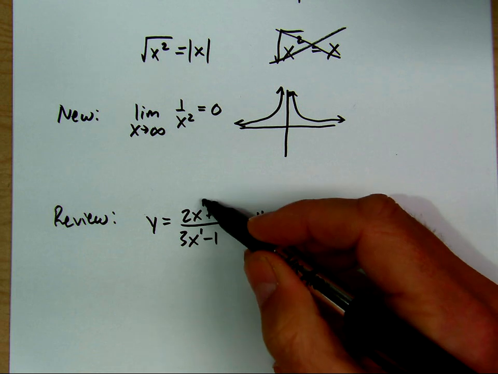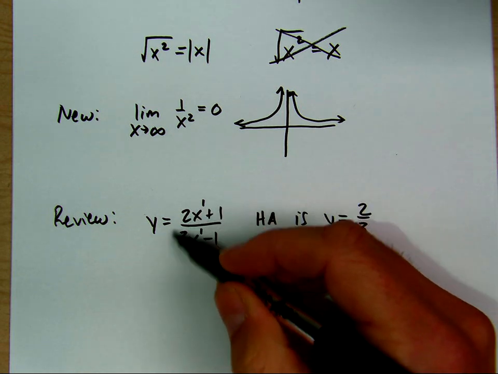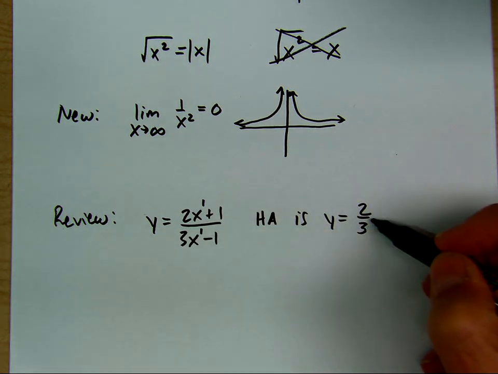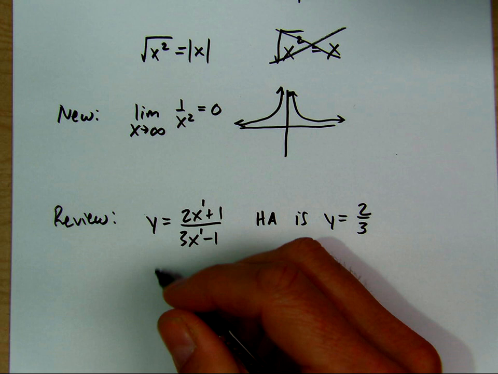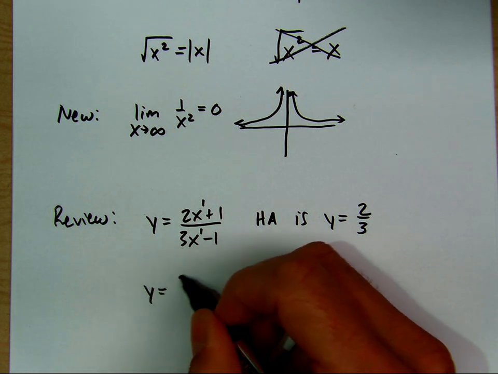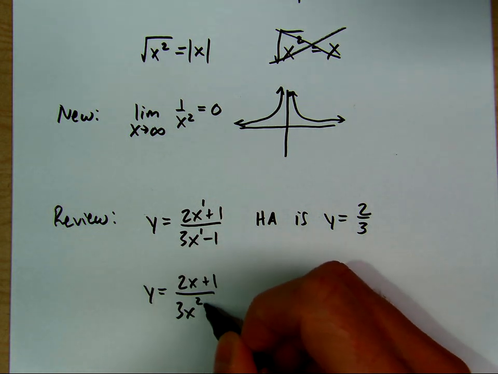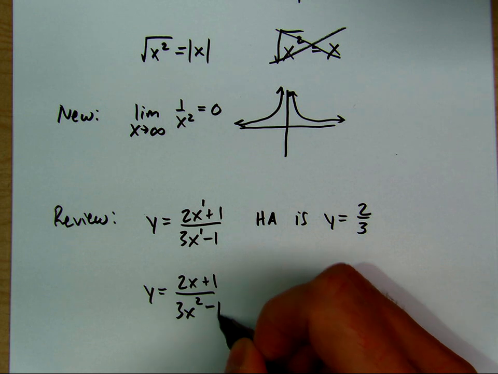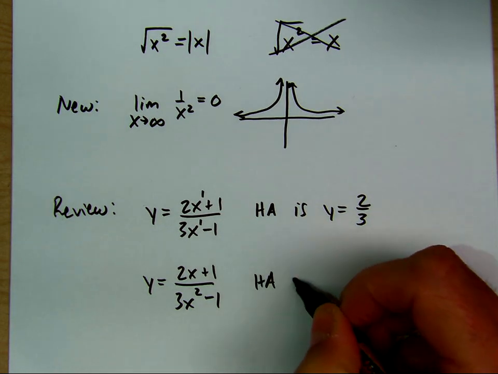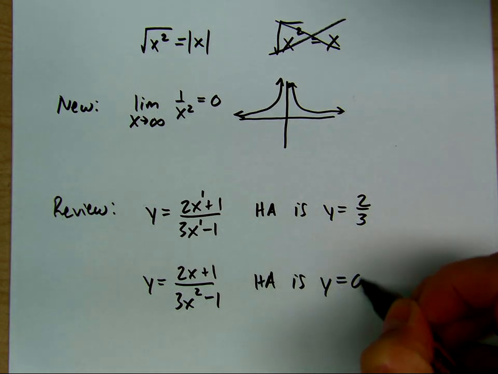If the degrees are equal, then we can take their coefficients, and that's the horizontal asymptote. We also saw in pre-calculus that if we have a higher degree in the denominator, the horizontal asymptote is y equals 0.